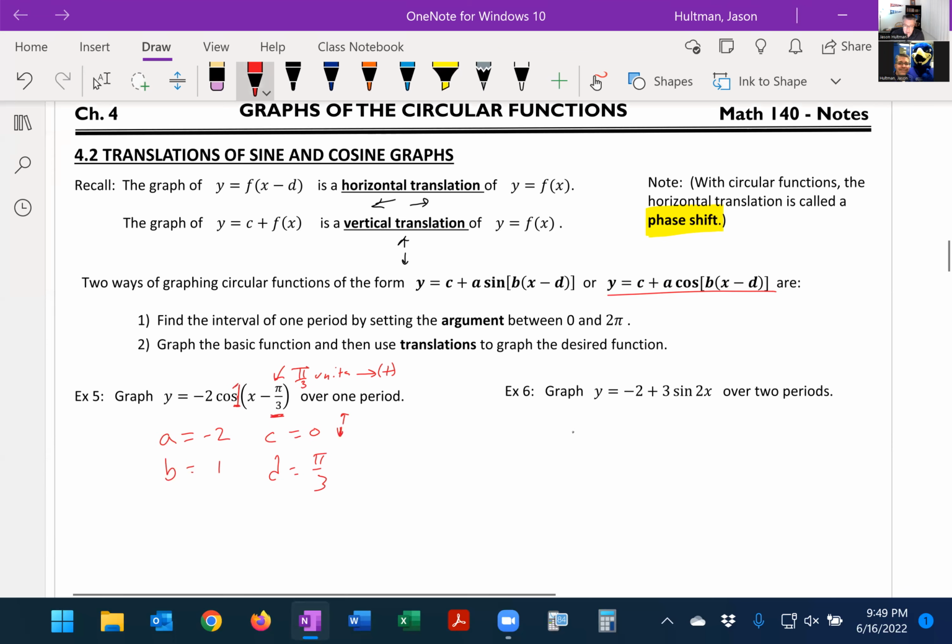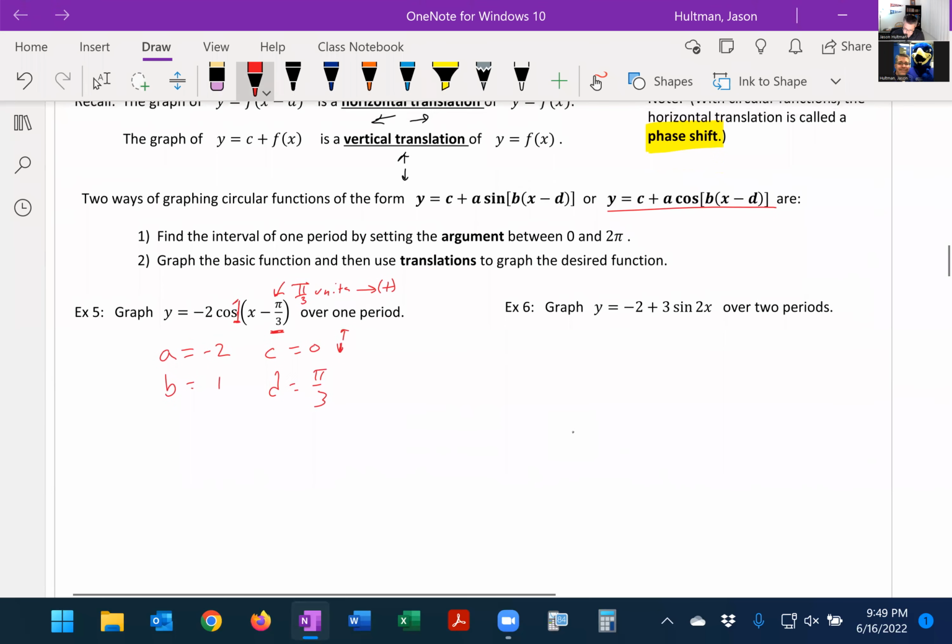So what we're going to do here is see the net effect of all of these things. Again, we don't have to worry about c because c is 0, so there is no shift up or down. There is a shift right, pi over 3 units. B is 1, so the period doesn't change.